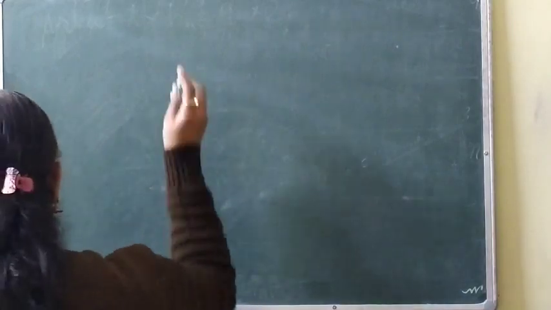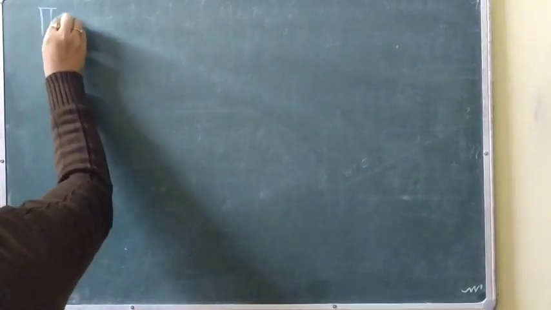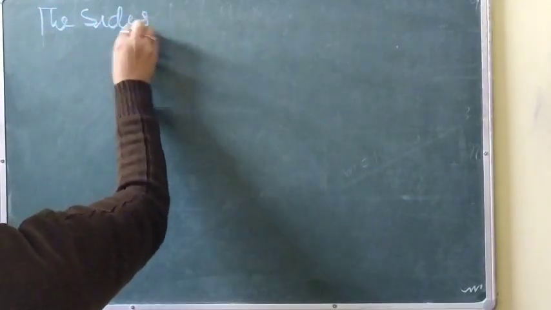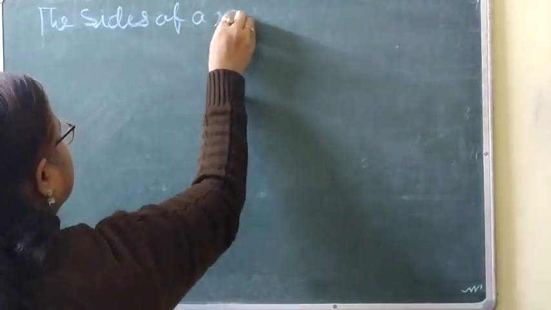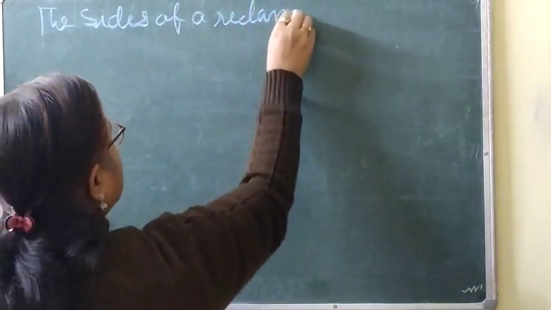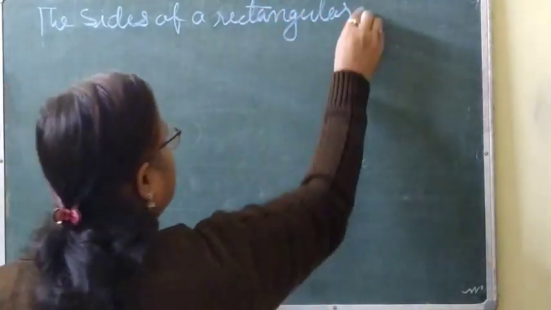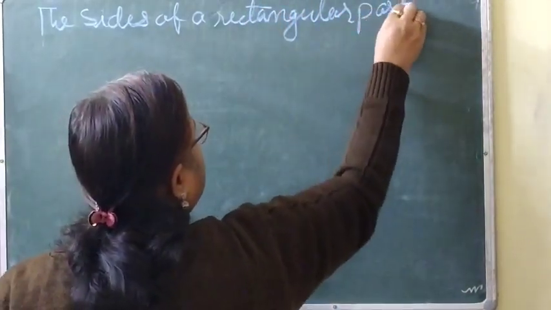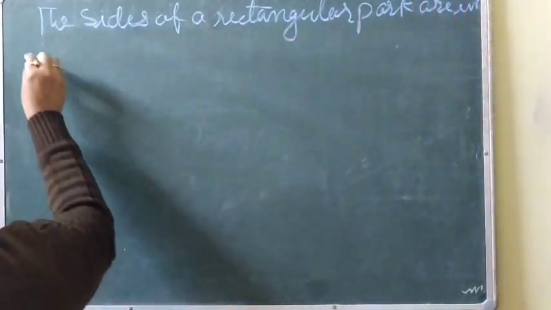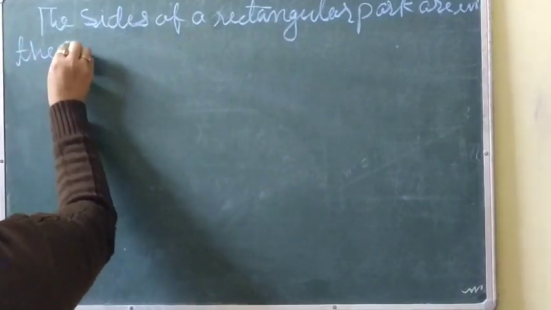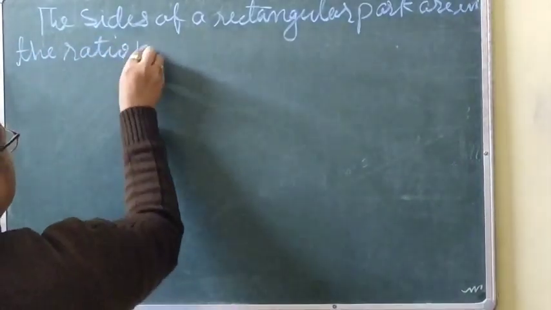Now the next question is: the sides of a rectangular park are in the ratio 4:3.